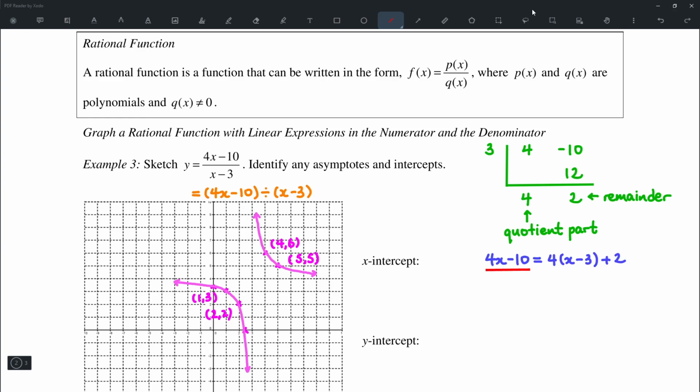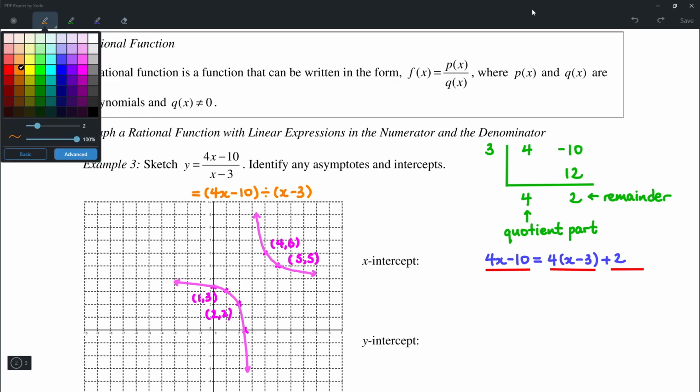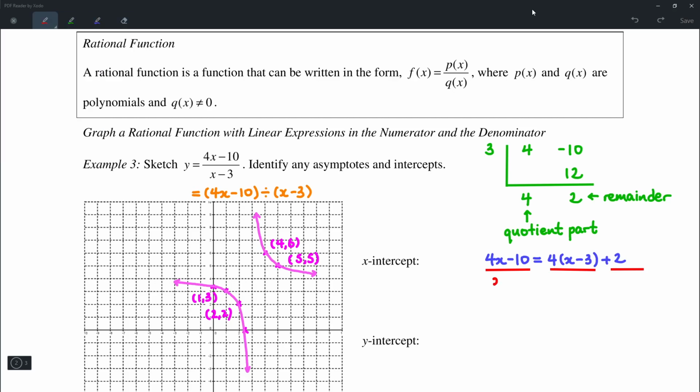So the left-hand side and the two terms on the right-hand side will each need to be divided by x minus 3. And then we can simplify the expression. On the left-hand side, we just have 4x minus 10 over x minus 3.